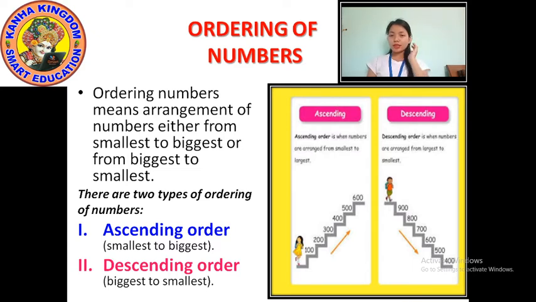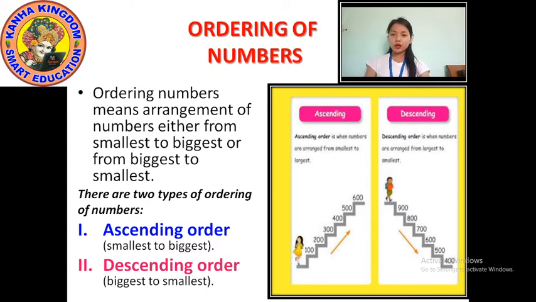And the second one is descending order. Descending order means the arrangement of number from biggest to smallest. When number are arranged from biggest to smallest, it is called descending order.